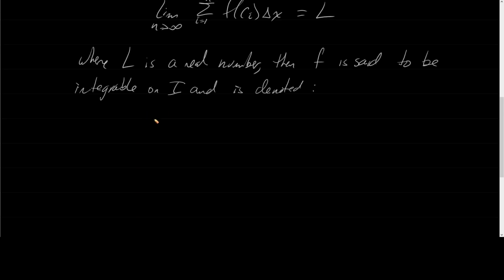So that limit, the limit as n goes to infinity of the summation from i equals 1 to n of f of c sub i delta x, we can denote as the integral from a to b of f of x dx. All right. So in here, that limit is called the definite integral.